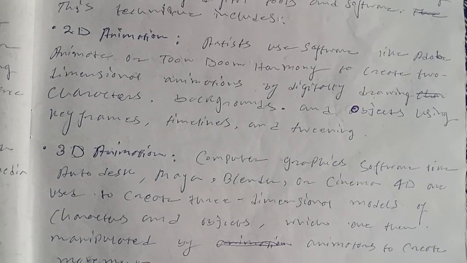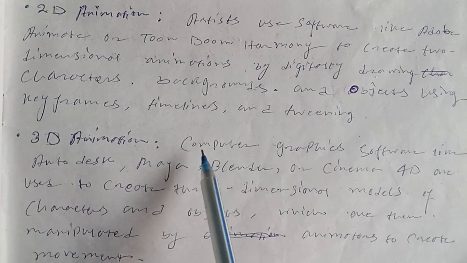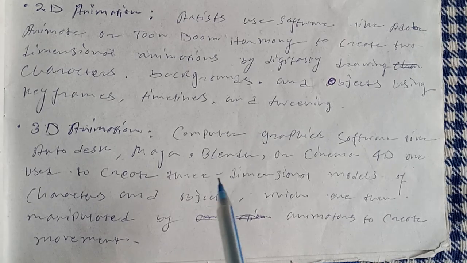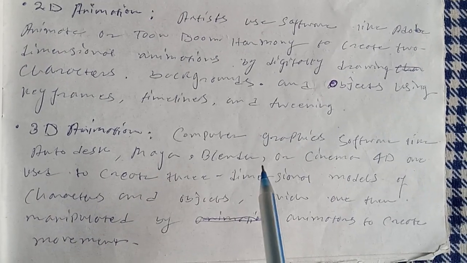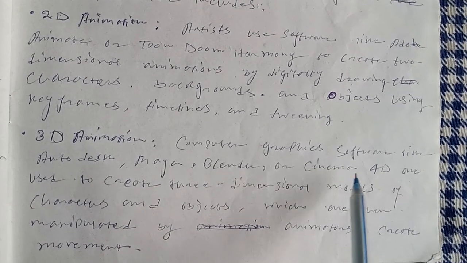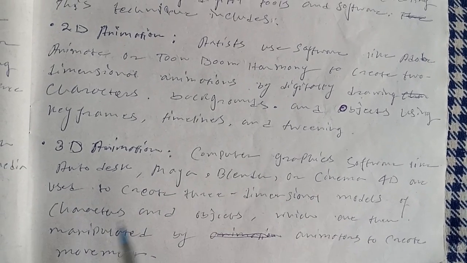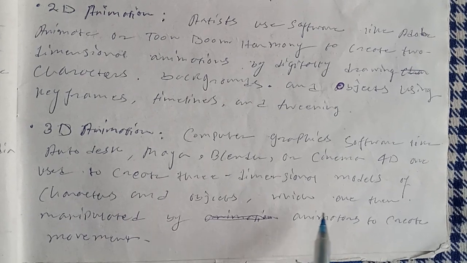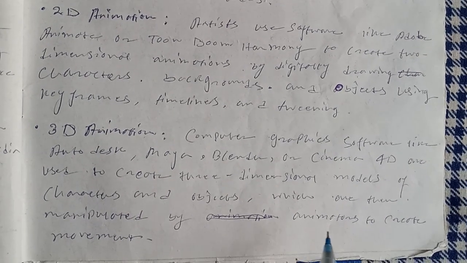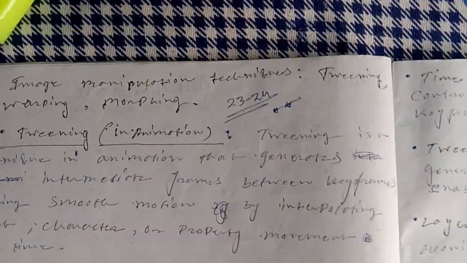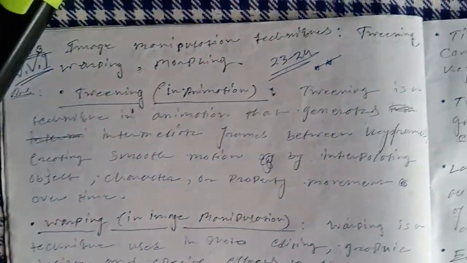Coming to 3D, or three-dimensional, animation, computer graphics software like Autodesk Maya, Blender, you might have heard those names, Maya and Blender, or Cinema 4D are used to create three-dimensional models of characters and objects, which are then manipulated by animators to create movement.